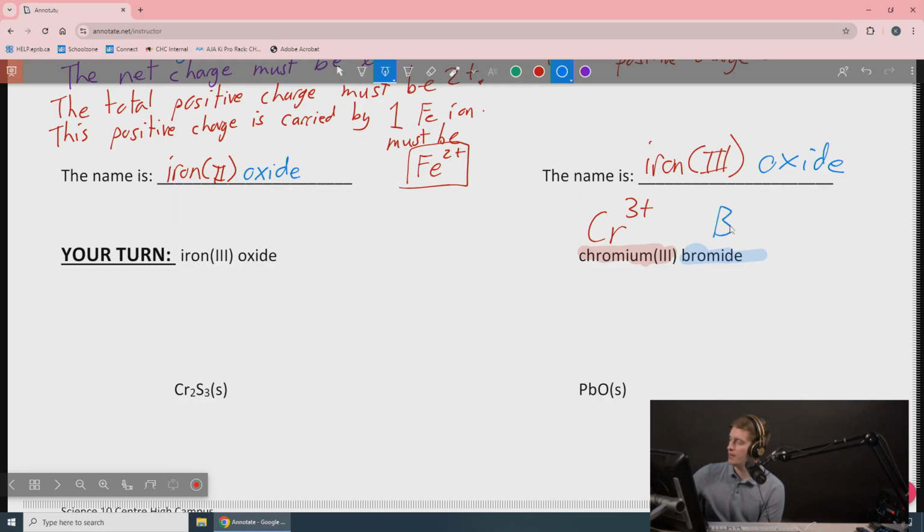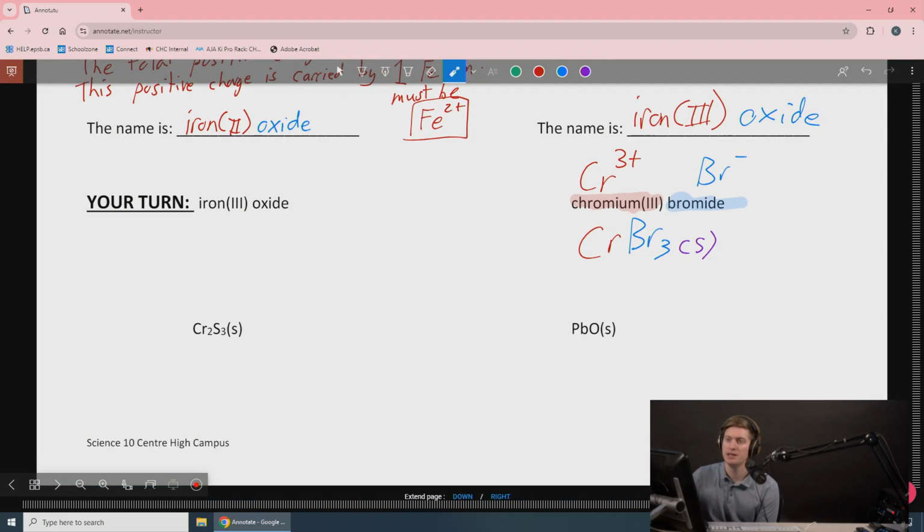If we've got a 3+ charge from our cation and a 1- charge from our anion, we're going to need 3 bromides to balance out our 1 chromium 3. So the formula for this ionic compound is going to be Cr for our chromium, Br, and then a little 3 subscript. And because it's an ionic compound, we can also put in that the state is going to be solid.